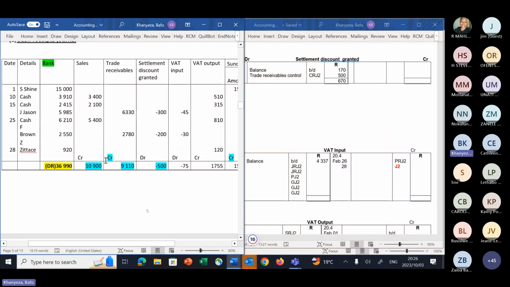Yeah, we're debiting everything and we are crediting, we are debiting. So here is the VAT input. You see, it's a debit.